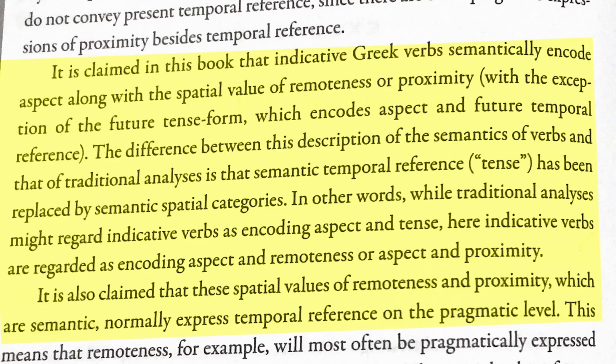He says, "It is claimed in this book that indicative Greek verbs semantically encode aspect along with the spatial value of remoteness or proximity. The difference between this description of the semantics of verbs and that of traditional analyses is that semantic temporal reference, tense, has been replaced by semantic spatial categories.